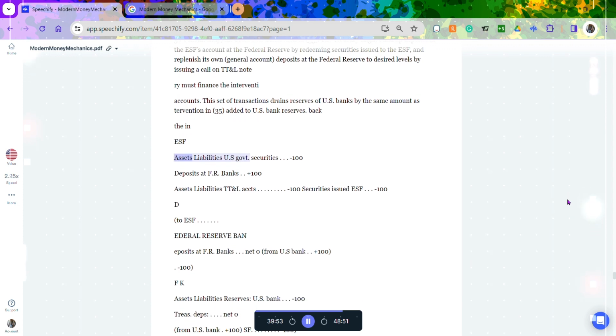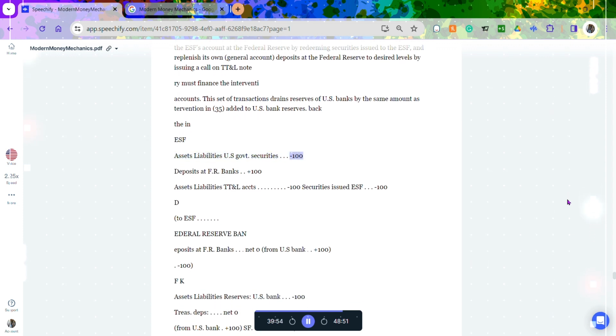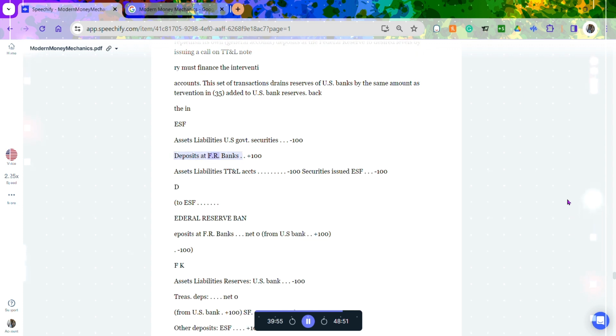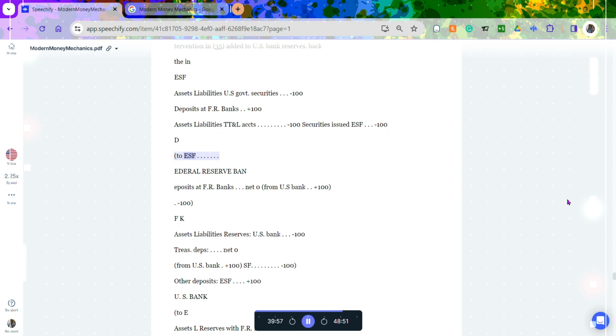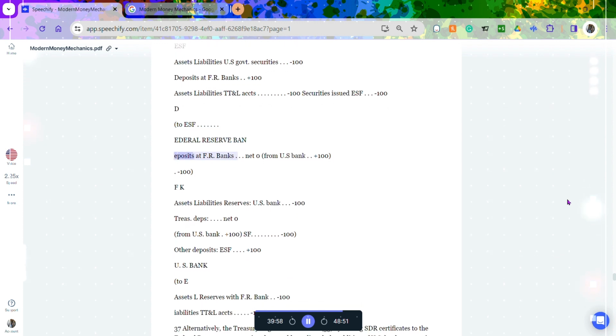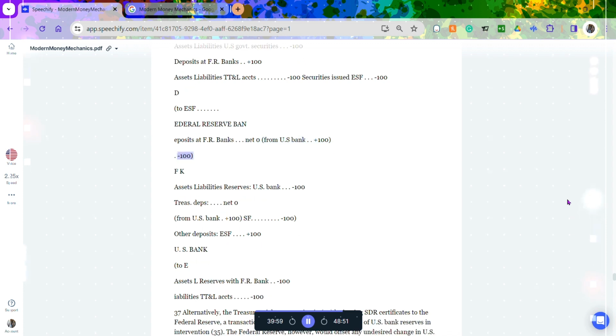ESF. Assets, liabilities: U.S. government securities, minus 100; deposits at FR banks, plus 100. Treasury: TT&L accounts, minus 100; securities issued to ESF, minus 100; deposits at FR banks, net zero. Federal Reserve Bank: from U.S. bank, plus 100, minus 100.